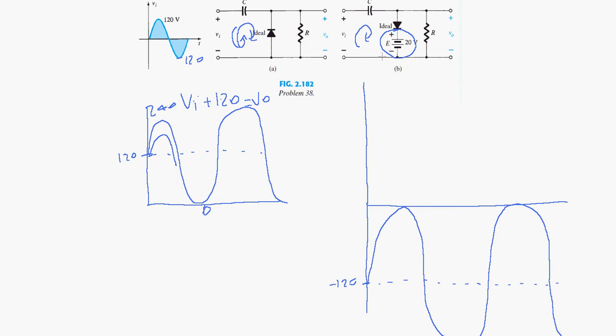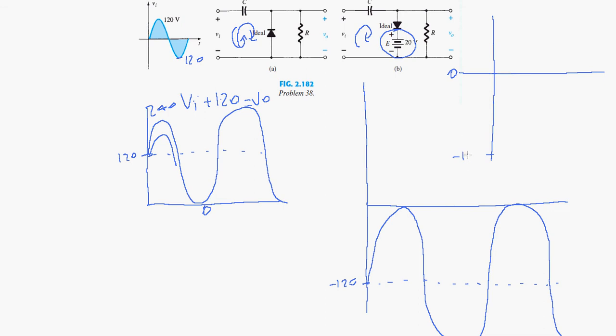So instead of 120 here, the voltage will be shifted just by 100, by minus 100. So this is 0, this is minus 100, sorry, minus 100.